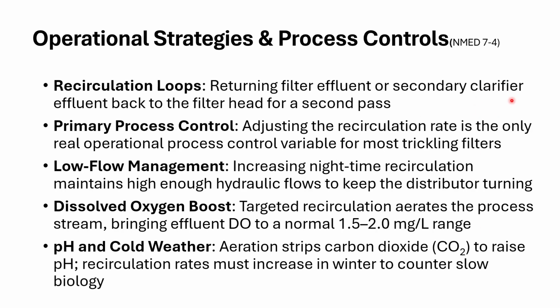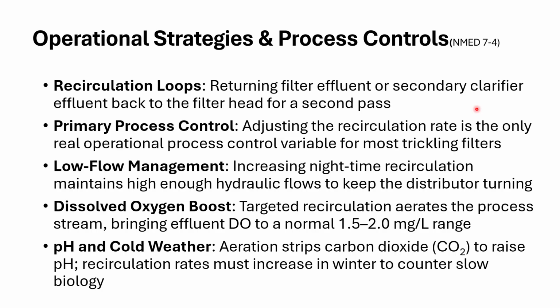Okay, we can have strategies and process controls. Like I told you, these are natural processes. Those microbes convert those organics, that high BOD content, into biomass and then slough off. That's a natural process, but we do have some things we can do to help that along or control the process.